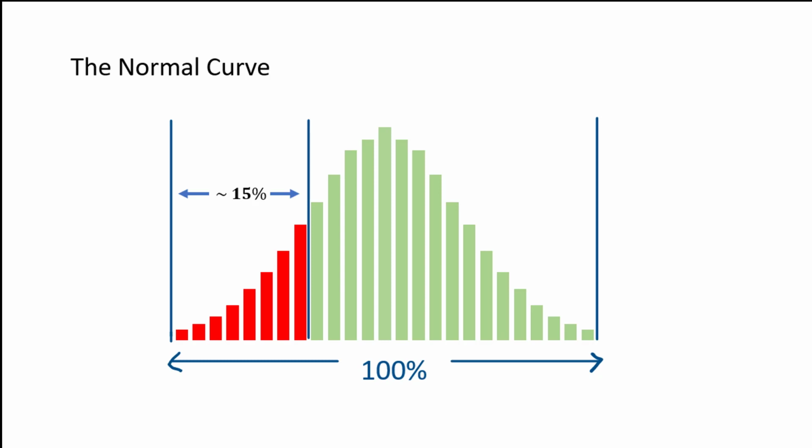Now this works fine when you have a discrete set of categories. But what if we're interested in something more precise? What if we're interested in something that's measured on a continuous scale? A continuous scale is what again? It's a scale where there's an infinite number of possible values between any two values.